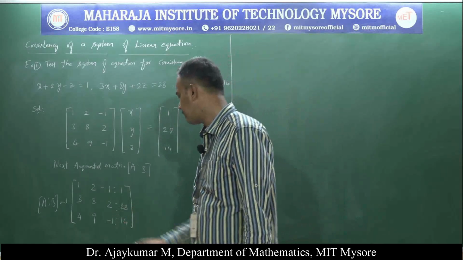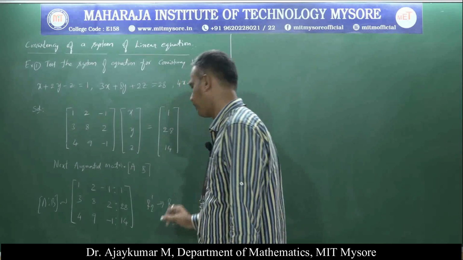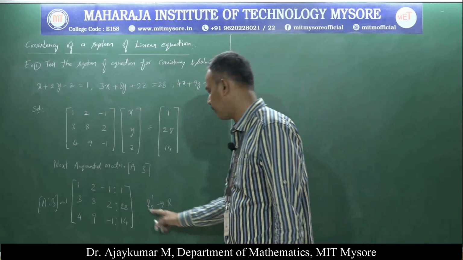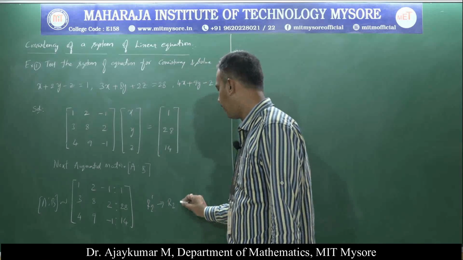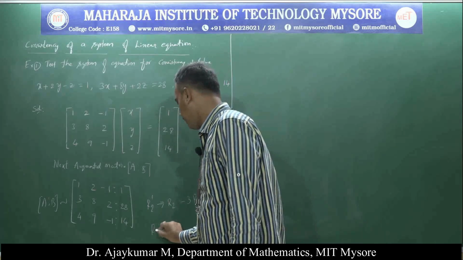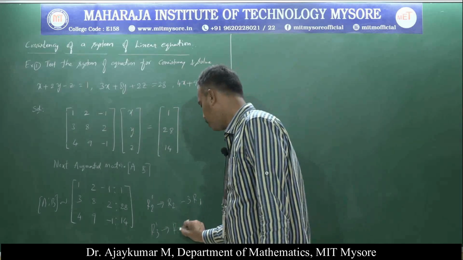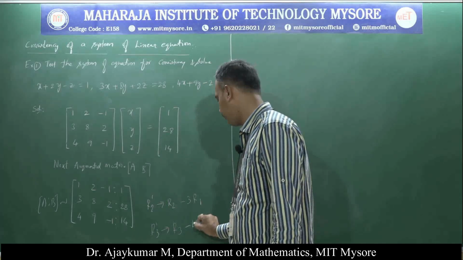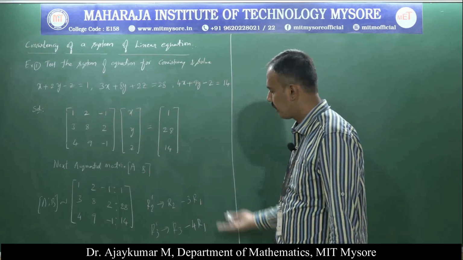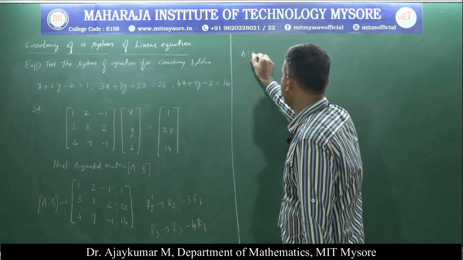First we apply the transformation R2 dash equals R2 minus 3R1. Then R3 dash, row 3, changes to R3 minus 4 times R1.